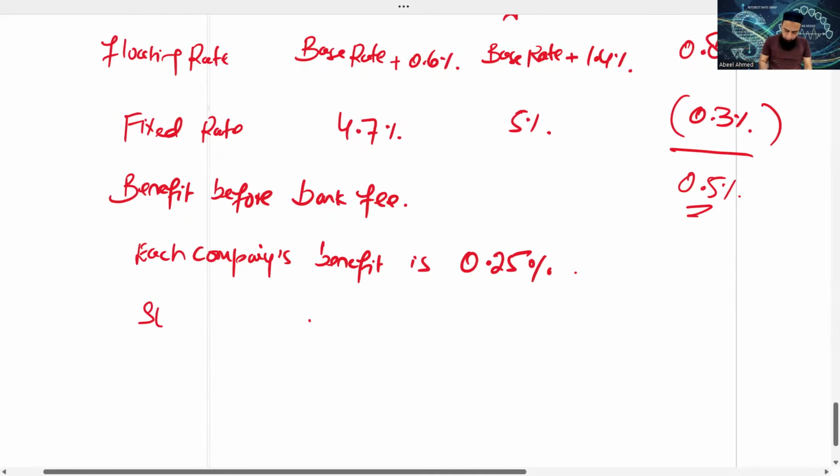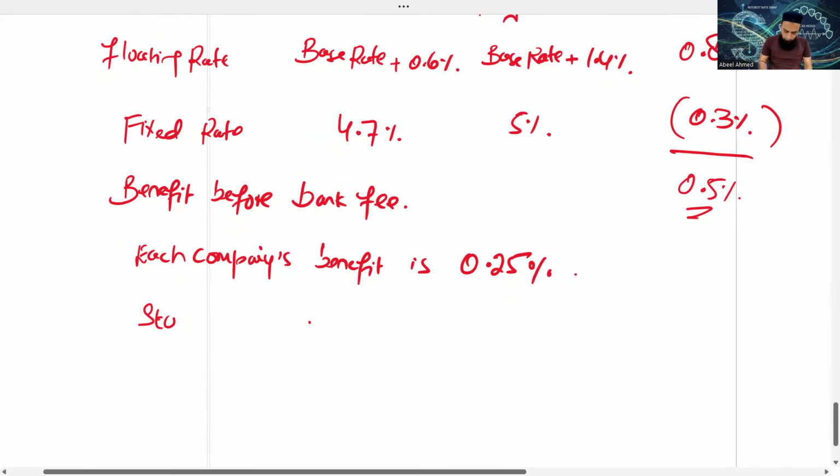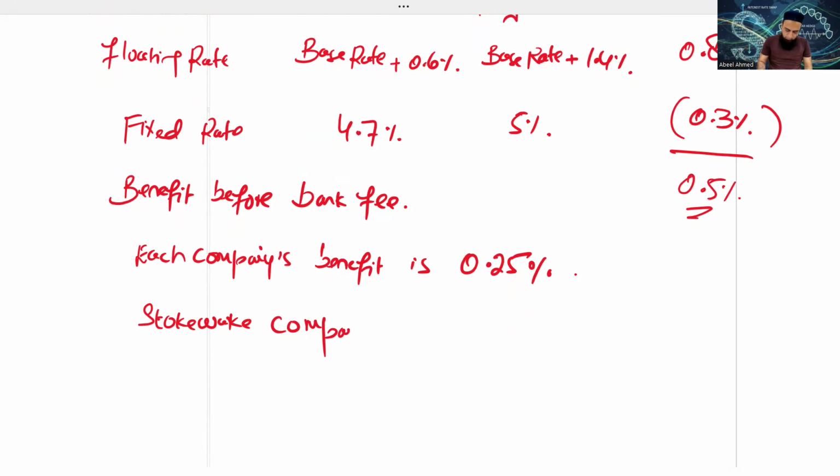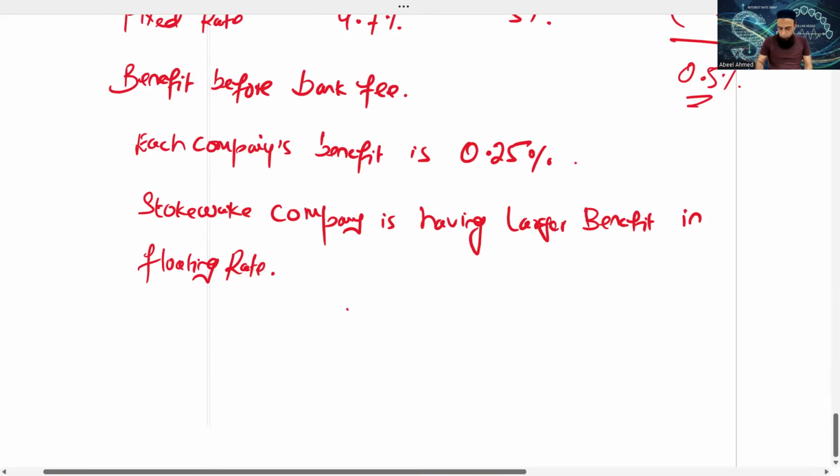Stoke Wake company has larger benefit in floating rate. Fine.